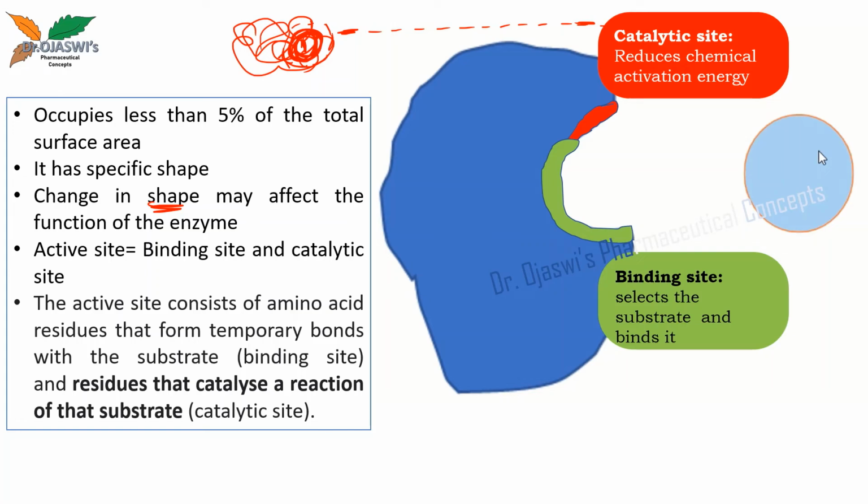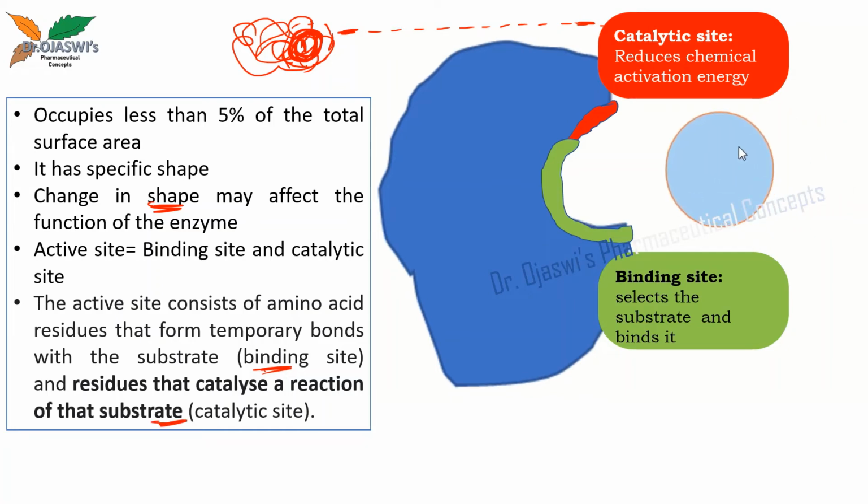The active site consists of amino acid residues that form temporary bonds with the substrate at the binding site, and residues that catalyze a reaction of the substrate at the catalytic site. So you can see here the substrate binds at the active site and the reaction starts.